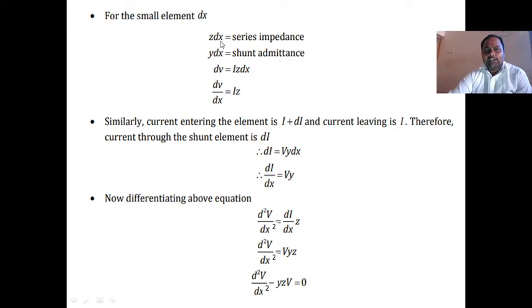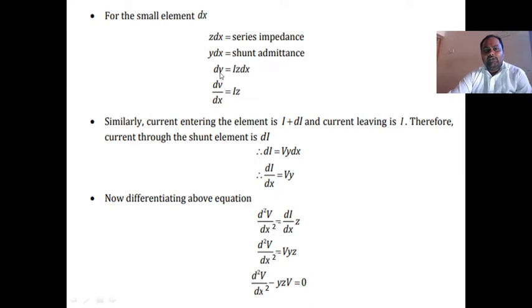Impedance connected in series, admittance is connected in shunt. So what is the change in voltage dV? What is the normal formula, V is equal to Iz? We know at a particular point, V is equal to Iz into dx. So Iz into dx for particular length. dV is equal to Iz dx.